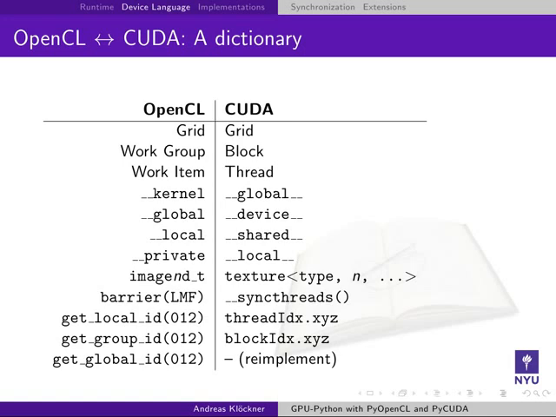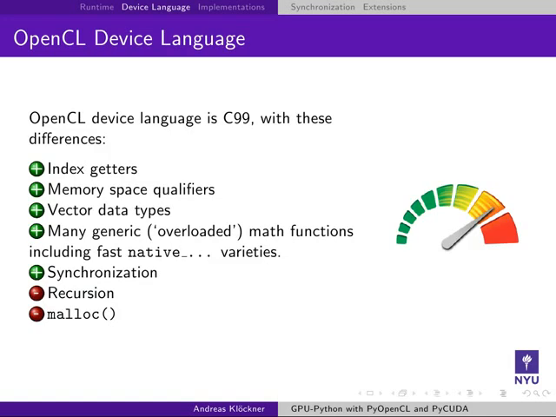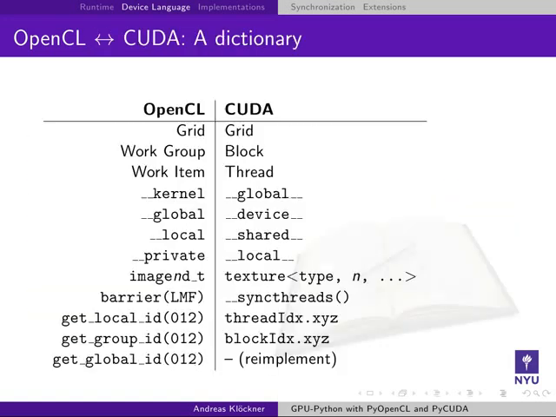Okay. So this is basically the overview. Let's go through that very quickly. Here's that dictionary again that I showed you. Now that you know CUDA a little bit better, you'll see that there are quite a few unfortunate choices. For example, in CUDA you say functions are global, and in OpenCL you say those are kernels. On the other hand, in OpenCL the memory is called global, whereas in CUDA it's called device.